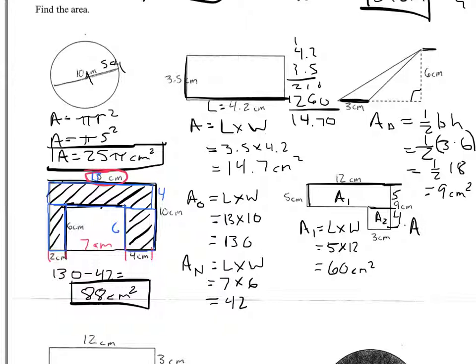So our area 2 is length times width, 3 times 4, which is 12 centimeters squared. When I add those two together, 60 plus 12 gives me a total area of 72 centimeters squared. We didn't use this as a negative space problem, we used it as an additive space problem. That's why we added the two areas.